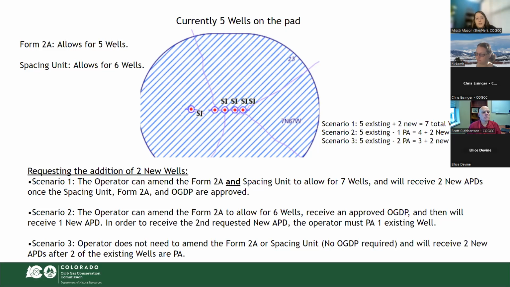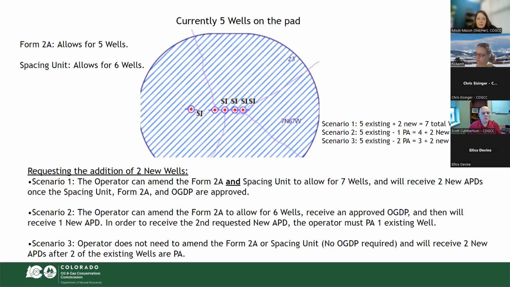The operator has 3 different options to add these 2 new wells to the location. The first one is the operator can amend the Form 2A and spacing unit to allow for 7 wells. And they will receive 2 new APDs once the spacing unit, Form 2A, and OGDP are approved. That's important that you realize that there is going to be an OGDP required.